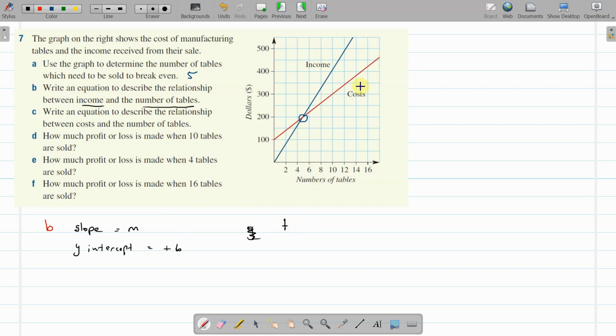Sorry, we should be doing costs. Income equals, now we need the slope times the number of tables plus the y-intercept. So what's the slope?